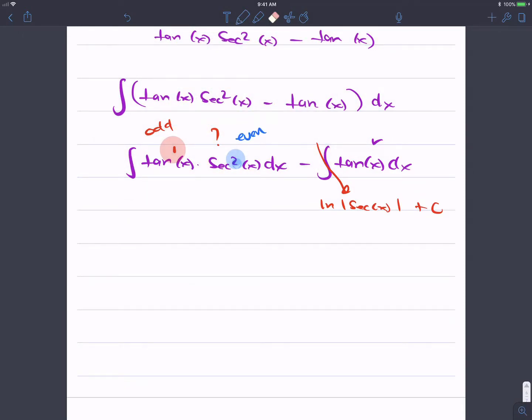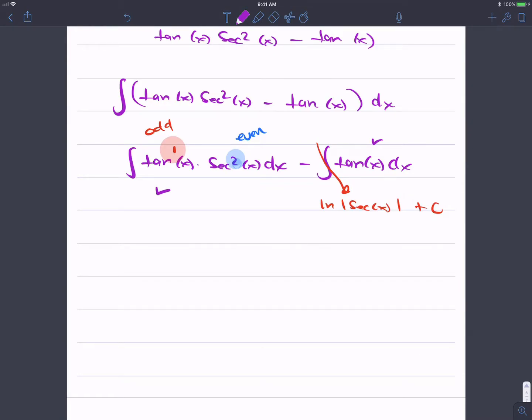Not only do I have an odd power of tangent and an even power of secant, the last video focused on how to integrate tangent with a secant coming after it, meaning factor out a secant tangent, and you can do that here.